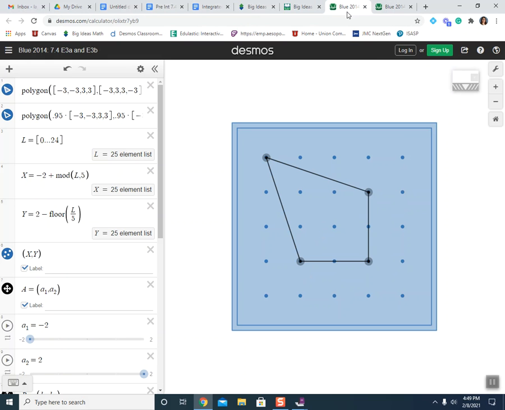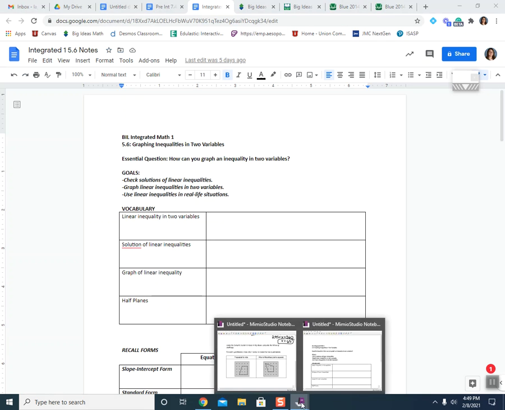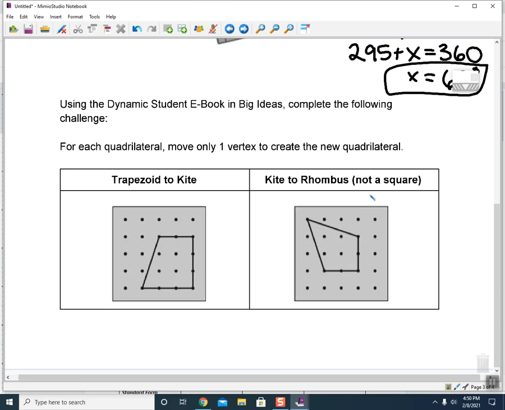Okay, so the second one's going to look like this. Again, you need to move one vertex so that you can create, in this case, a rhombus. So not a square. You don't want to create a square, you're going to create a rhombus. Okay? That's going to be your challenge now.